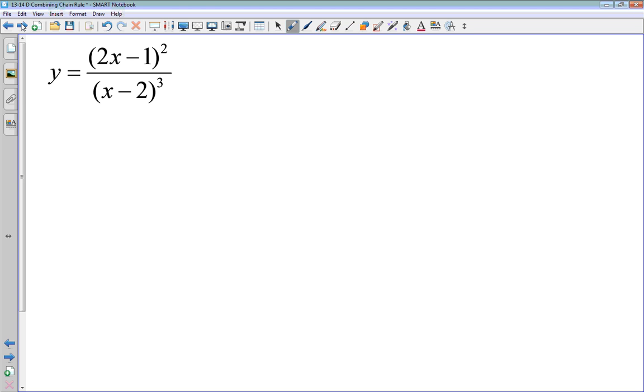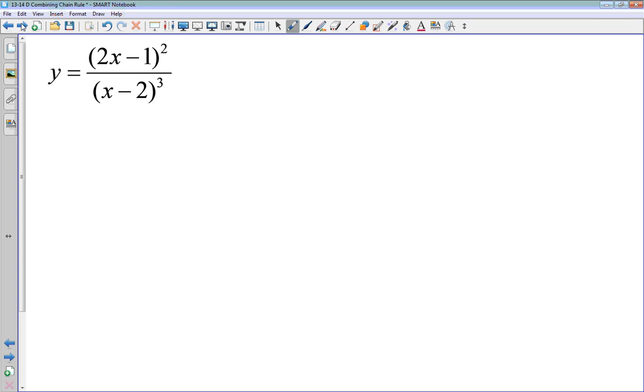You should be able to combine the chain rule with both the product rule and the quotient rule. I think, though, if you see a question like this, you should cheat. And you should not use the quotient rule. Okay? Because we can take this term in the denominator, x minus 2 cubed, and make that exponent negative and move it up into the numerator.